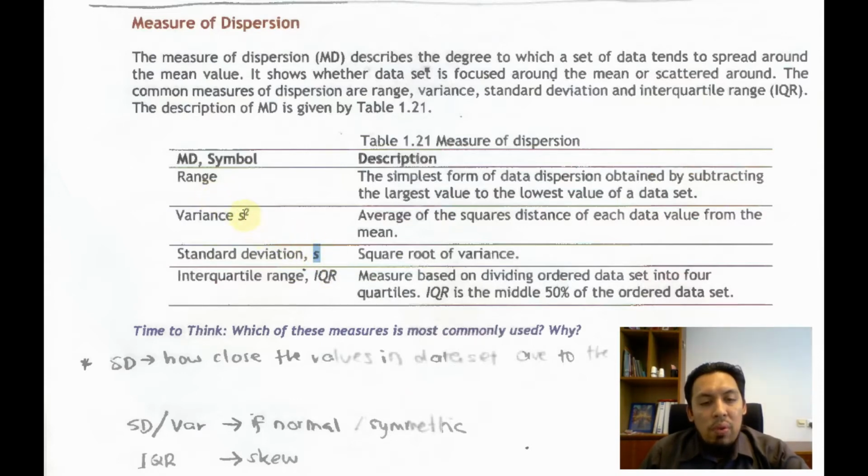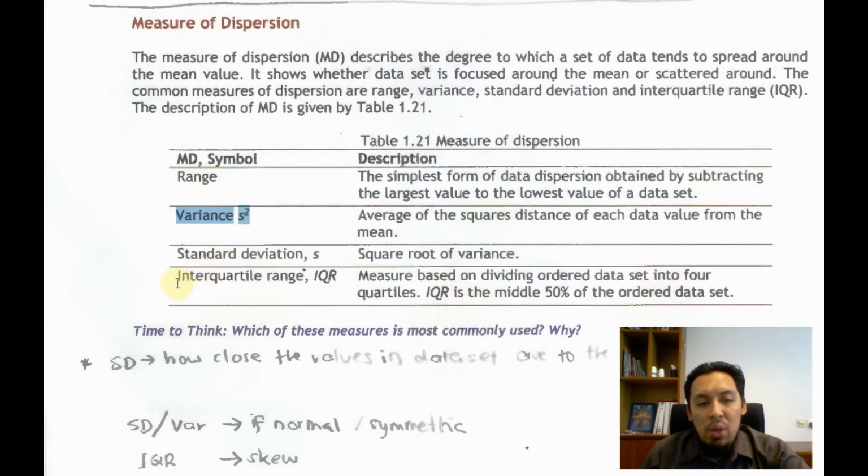To obtain standard deviation, you will need to take the square root of the value of variance, because variance is S squared. So to look for dispersion, this is the true value that we look at. To explain the spreadness of data, we're going to look at standard deviation. However, to look for standard deviation, we'll need to calculate variance, because standard deviation comes from variance. So either you want it or not, you'll need to calculate both.